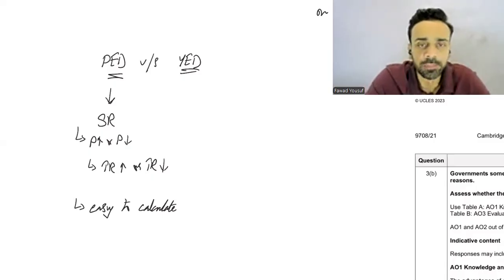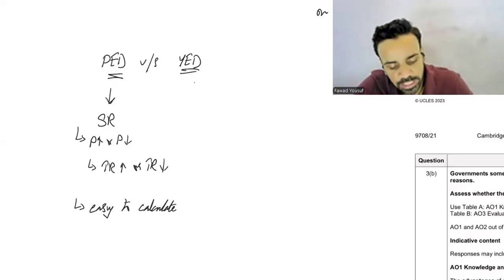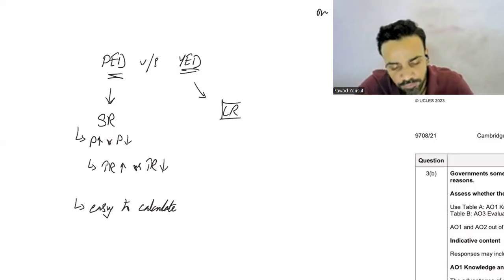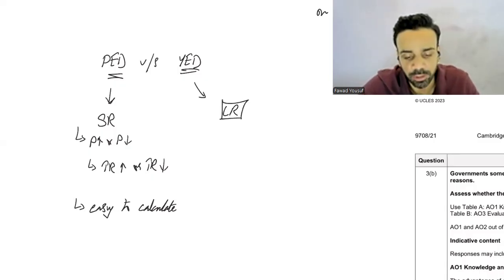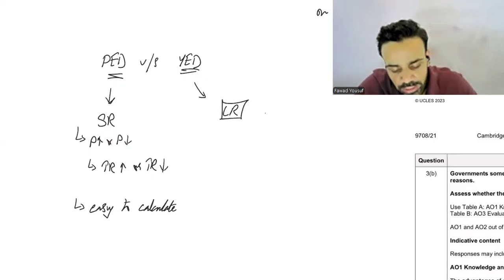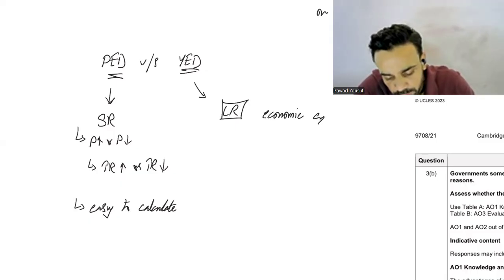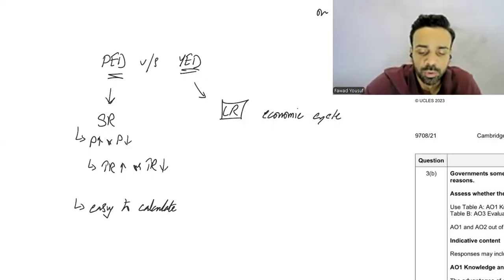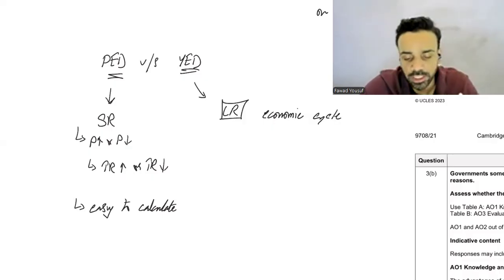मसला यह है, income elasticity of demand takes a long period of time to tell us the data, because it is dependent on the economic cycle. कब incomes rise होंगी तो मैं देखूंगा मेरे product के साथ क्या हुआ, कब recession में जाएंगी तो मेरे product के साथ क्या हुआ.